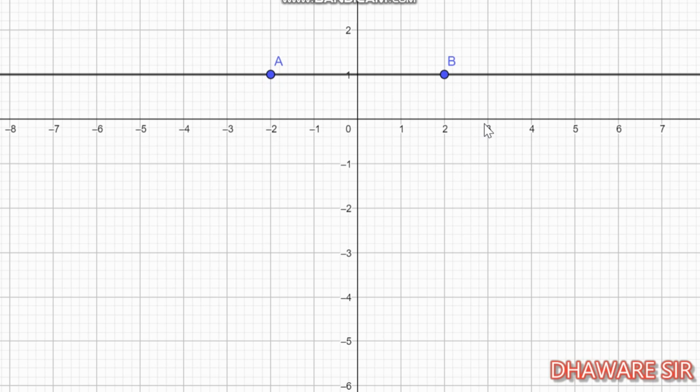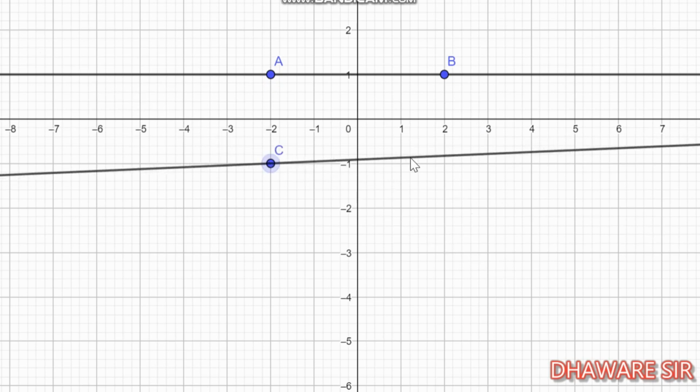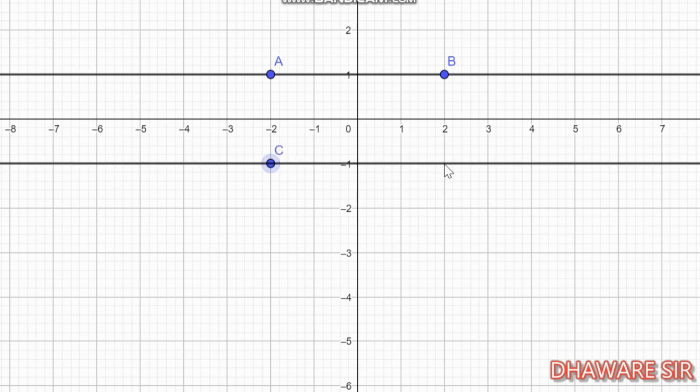And the second line is parallel. This is the point C at -2, -1, and this is the point D at 2, -1.